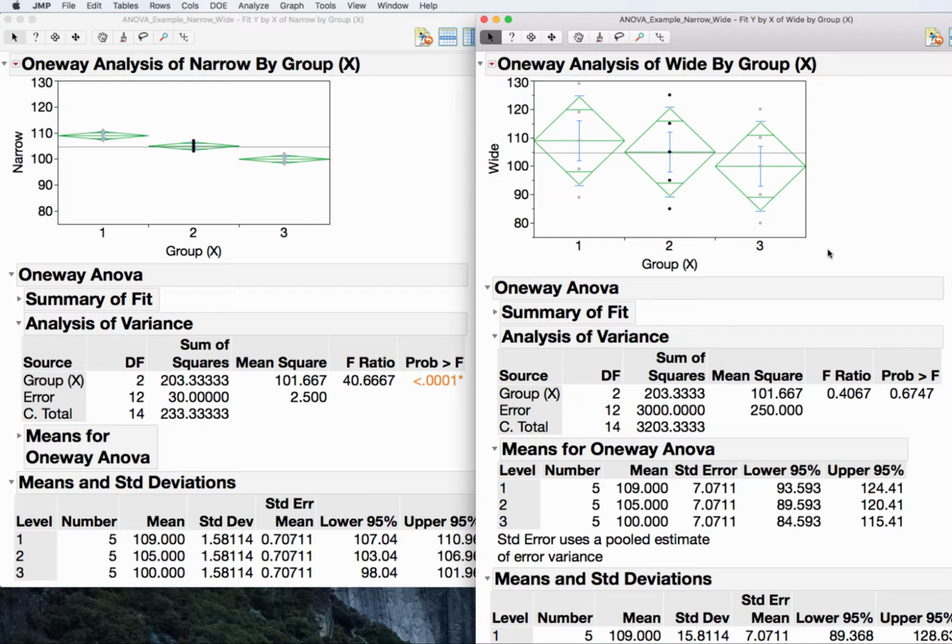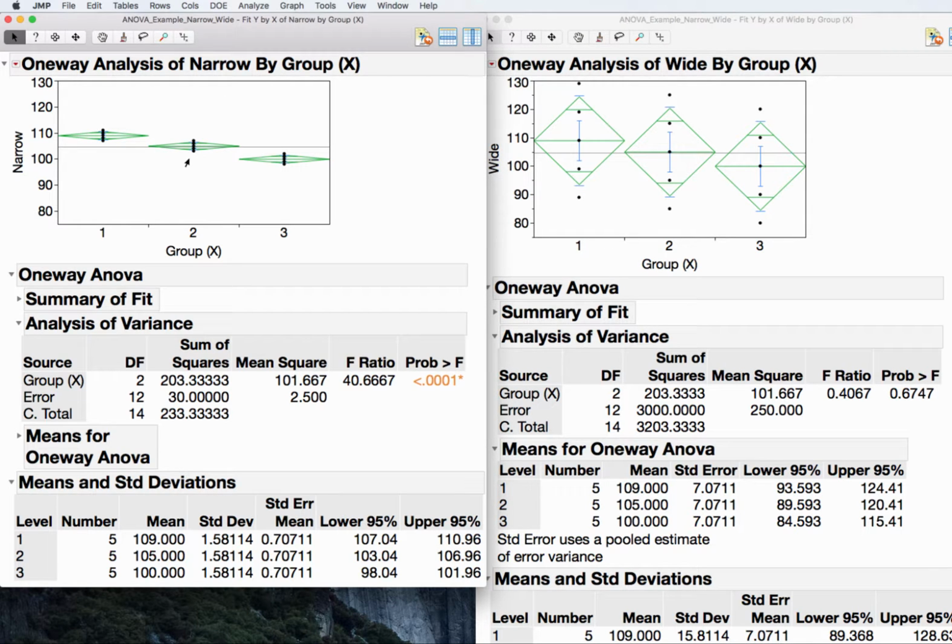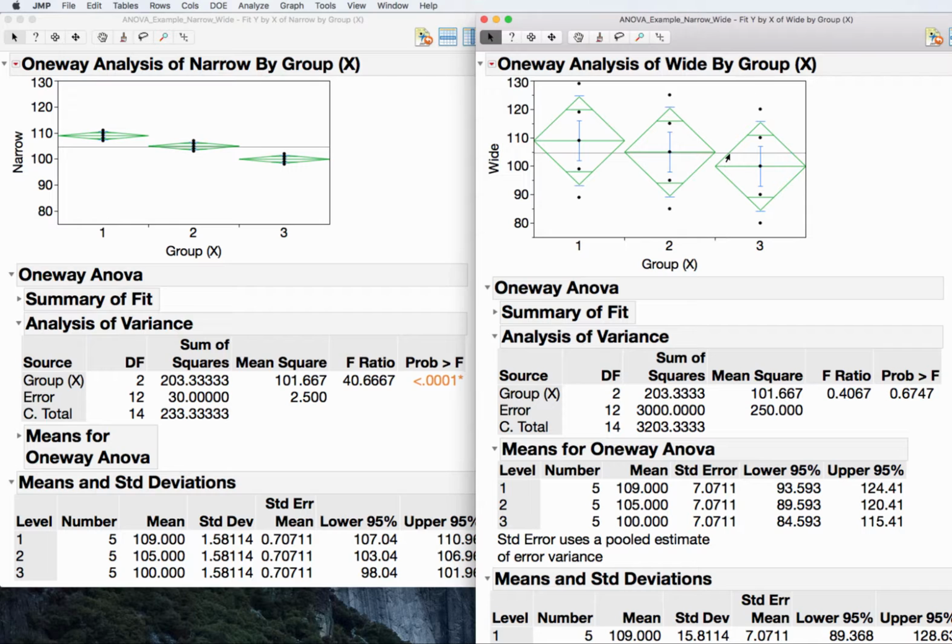And that is the essence of analysis of variance. We are comparing the means across the groups with an estimate of the variability within group. The smaller the variability, the more likely you are to say that means are different. The larger the variability, the more likely you are to say that means are similar.